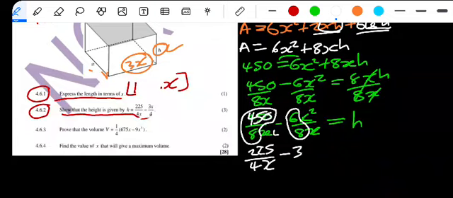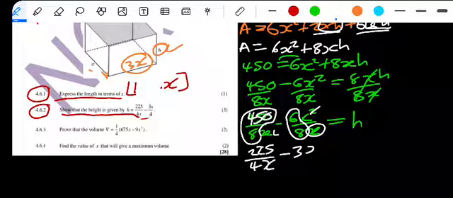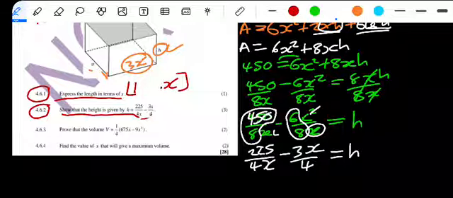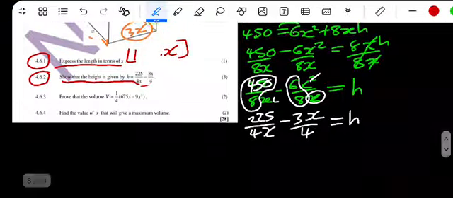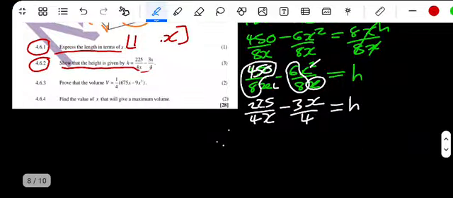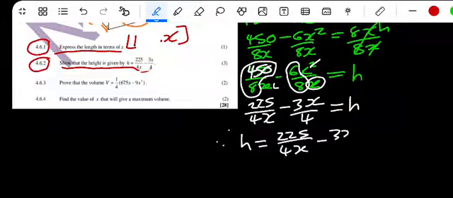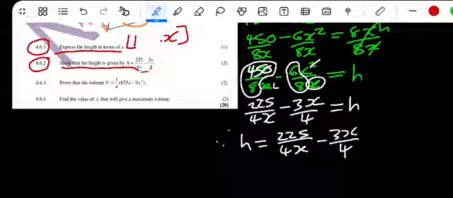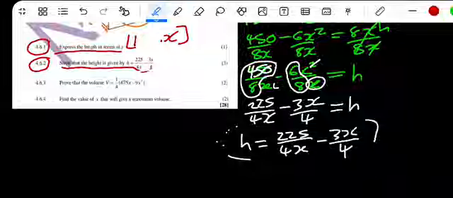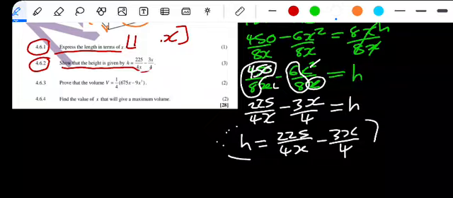Then here we also have x there. You'll subtract this x, will take 1. They're left with x divided by 4. This will be equal to h. So yeah, this is one and the same thing. Therefore, you can write that 225 over 4x minus 3x over 4. This is what we have there. So we've proven that.